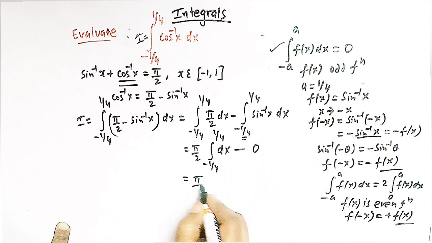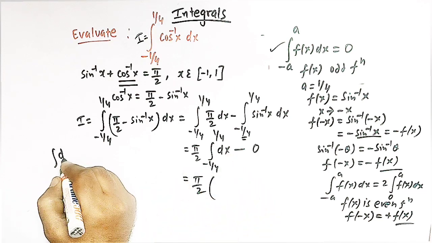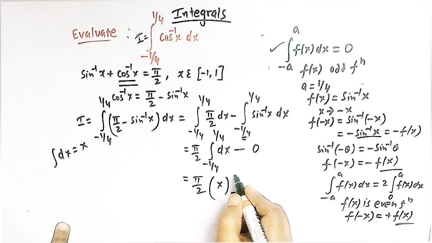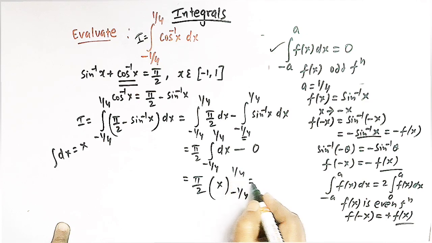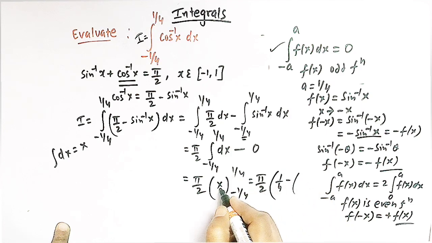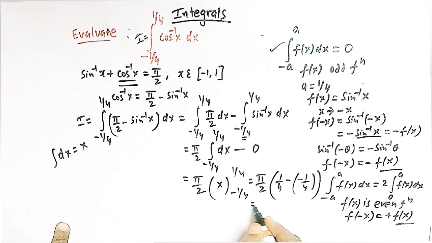So now we have pi by 2, and the integral of dx is simply x, with limits from minus 1 over 4 to 1 over 4. Substituting the limits, we have pi by 2 times 1 over 4 minus minus 1 over 4, so this is pi by 2 times 1 over 4 plus 1 over 4.